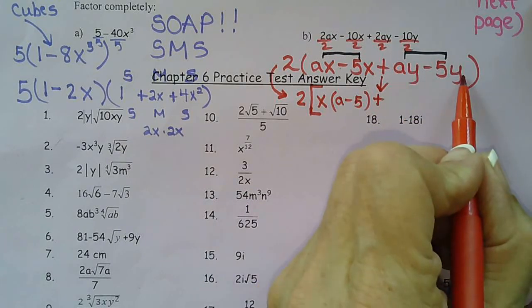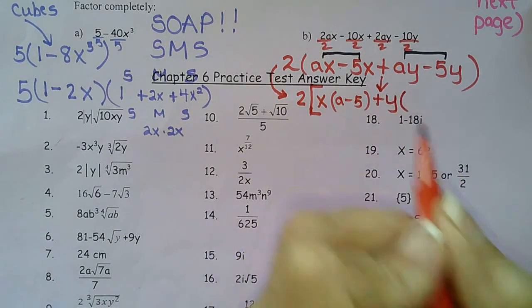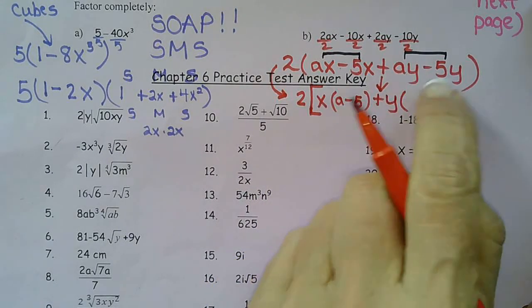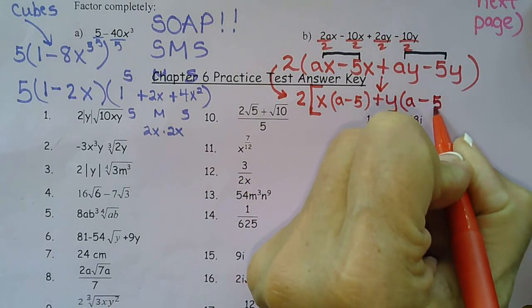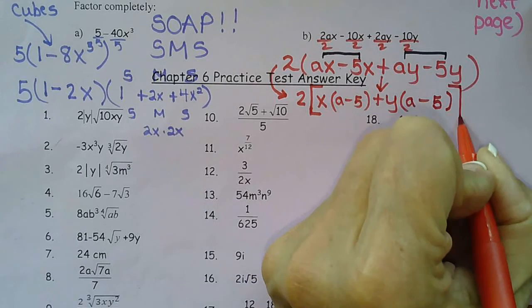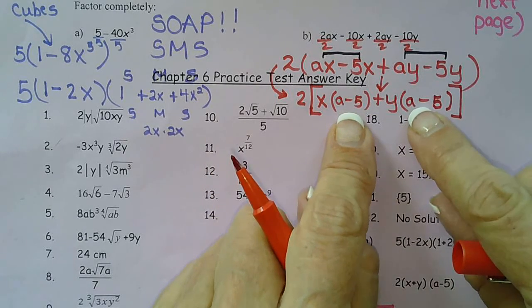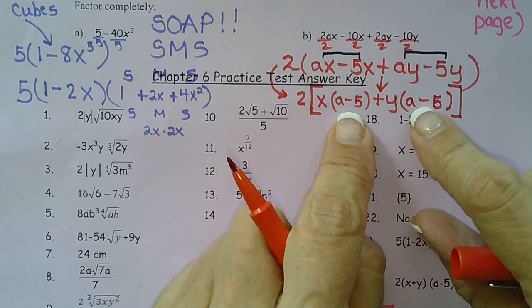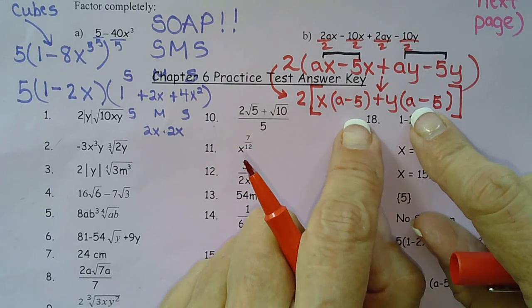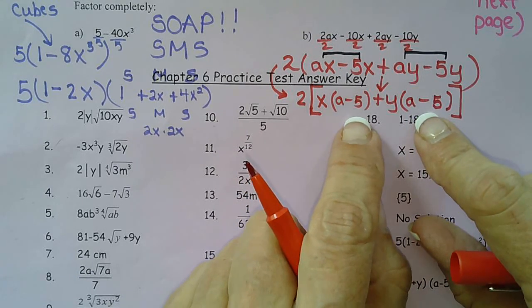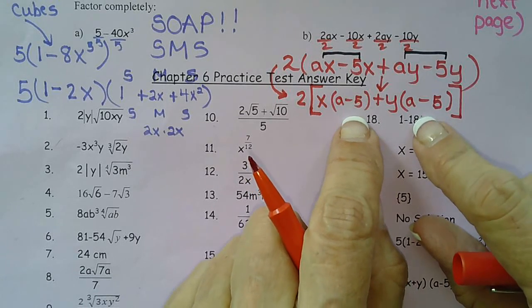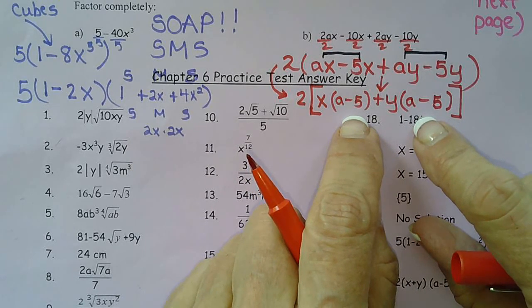Here I have a Y common, so I take a Y out, and once I take a Y out of each term, I'm left with A minus 5. And this is when we do our happy dance, because if these parentheses match, you're probably on the right track. And remember, if they don't match, you've made a mistake. Go back and find your error.